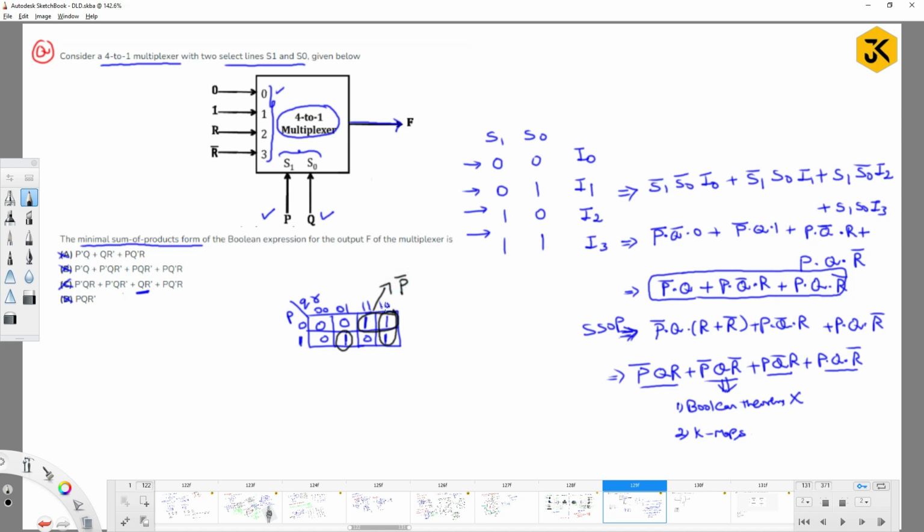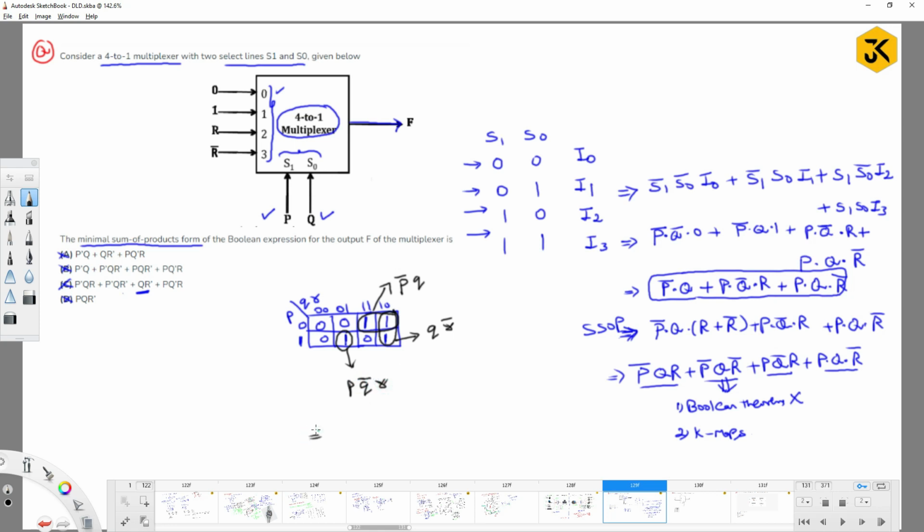And if you take this one, on the y-axis it is completely removed, and on the x-axis it should be Q R bar. If you take this one, it is P Q bar R, right?